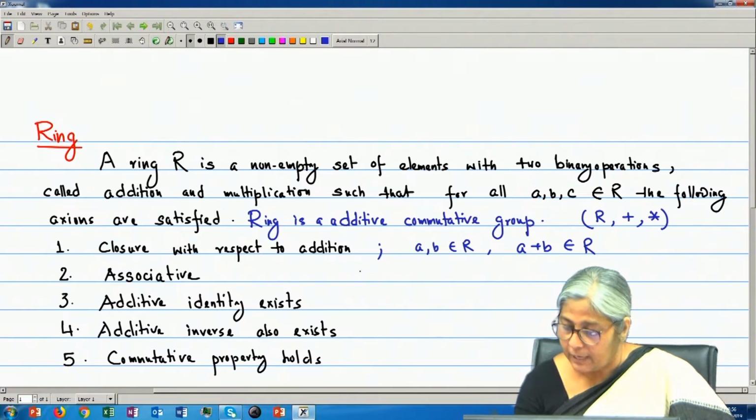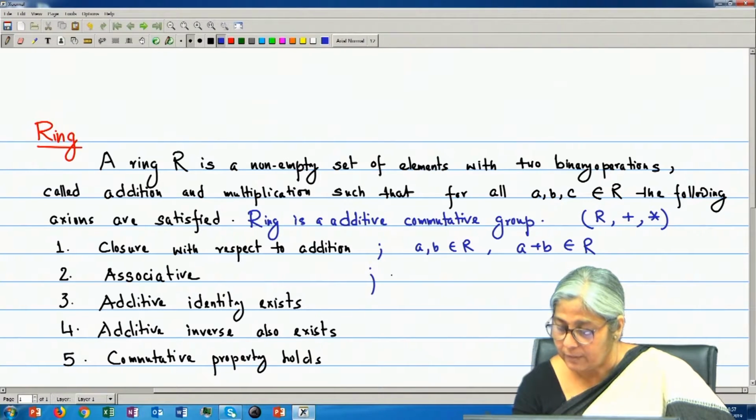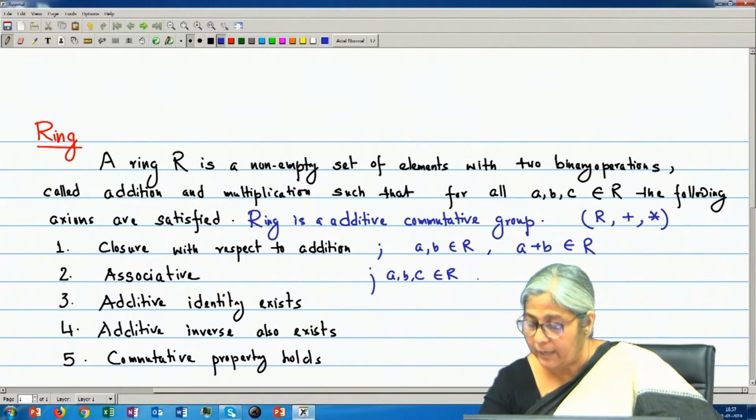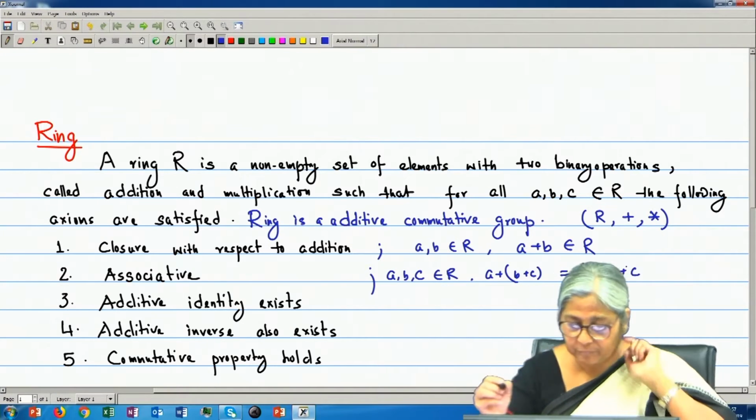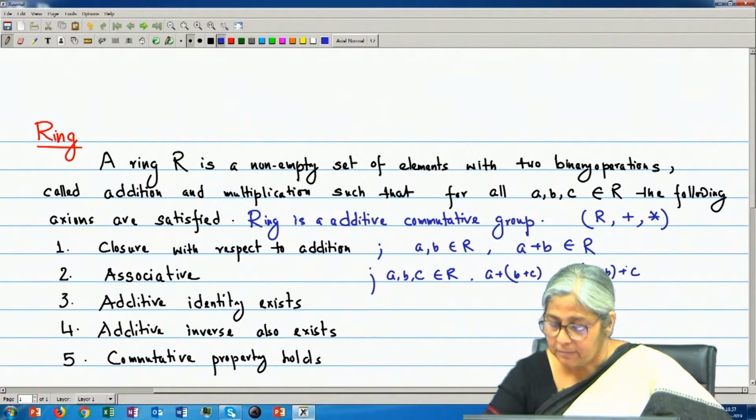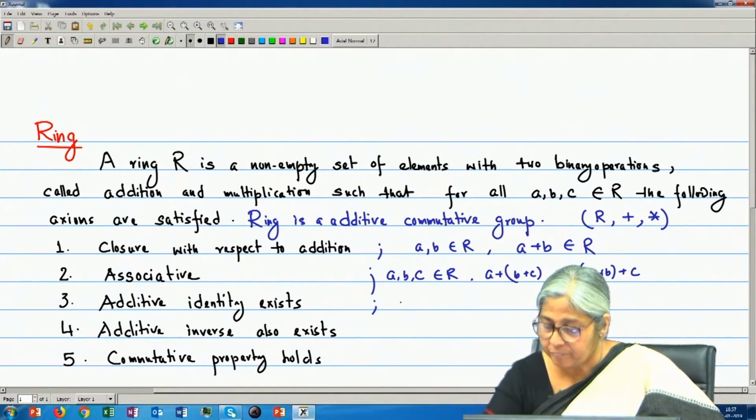Now, if it is associative, then for A, B, C belonging to R with respect to addition, we write (A plus B) plus C is A plus (B plus C). Now, the additive identity exists.